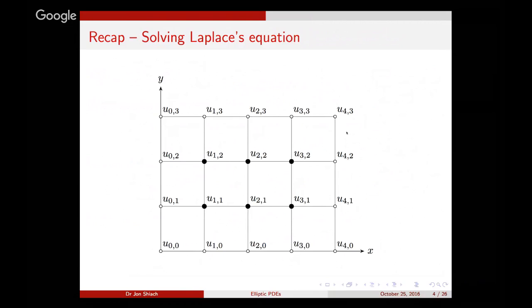And by convention, we start at zeros. So 0 on these nodes here on the left means that's our first node on the left. And likewise on the bottom, we start with 0, the second index, and work up.